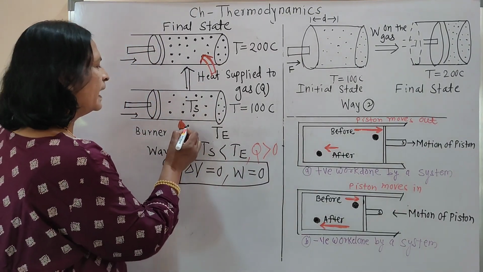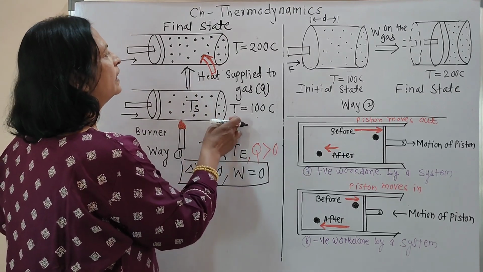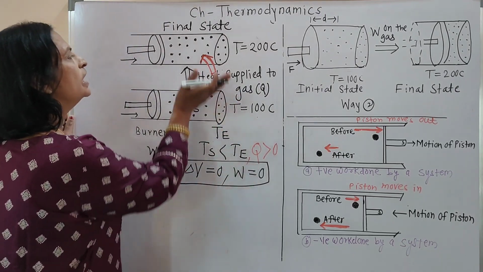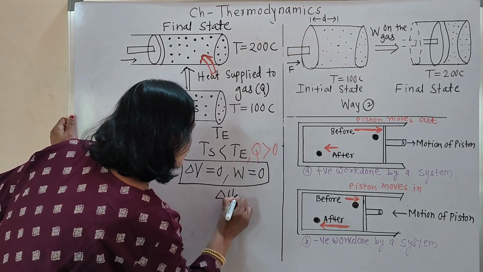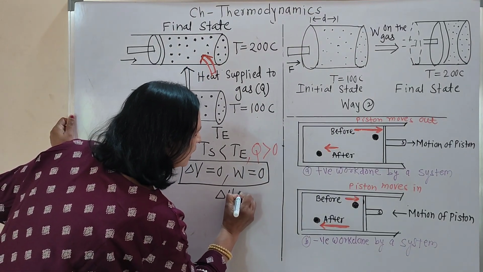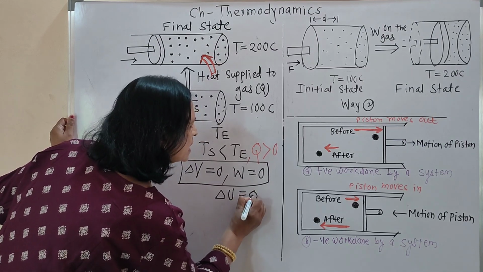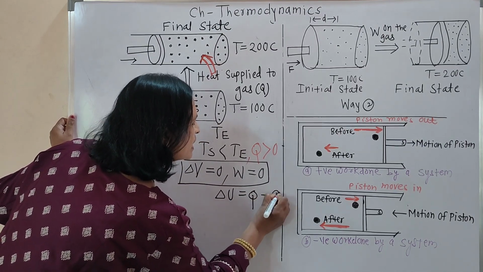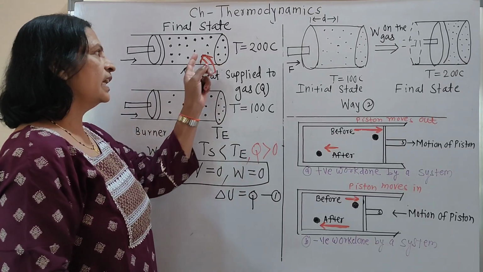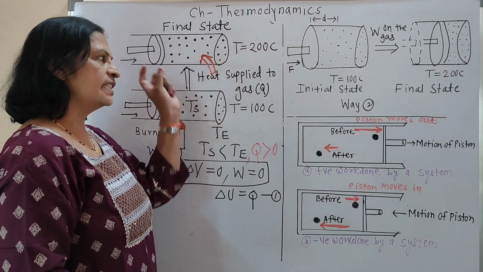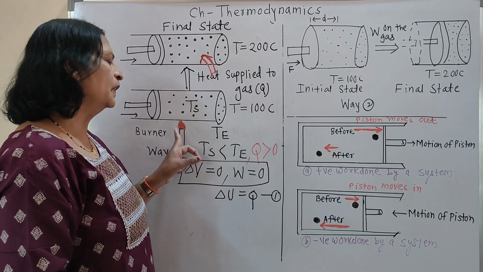The heat supplied, this Q, is used to increase the internal energy of the system. So for the first way we can write delta U equals Q. This is equation number 1. We can increase the internal energy of the system by supplying heat to the system.